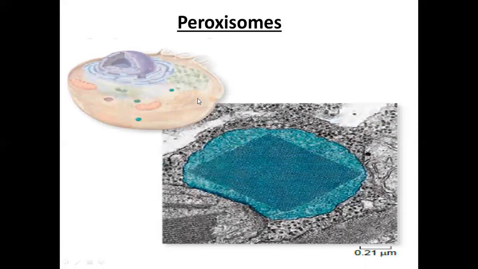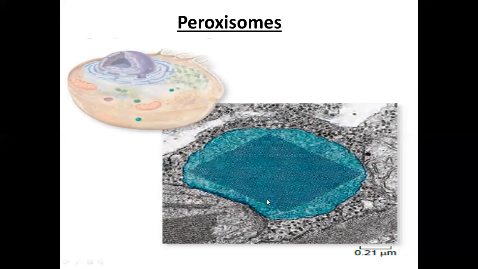This one in blue depicts a peroxisome. These are sites where reduction and oxidation reactions take place. The redox reactions will take place in the peroxisomes.